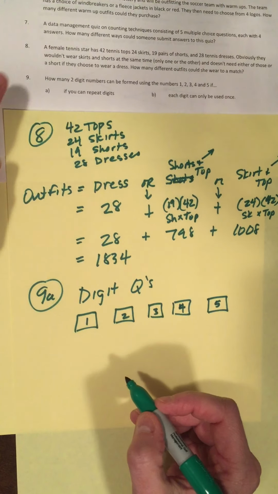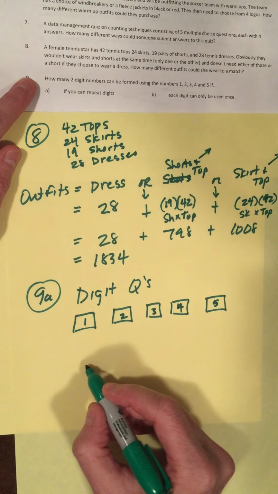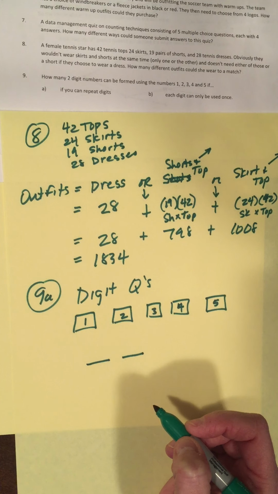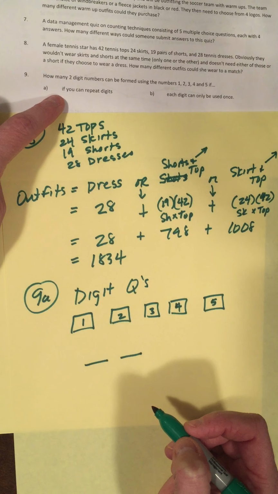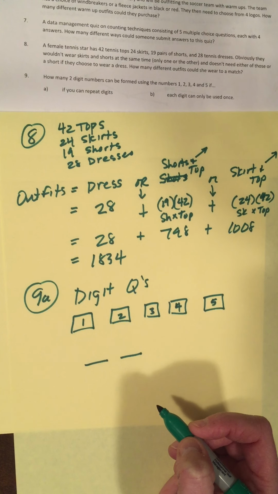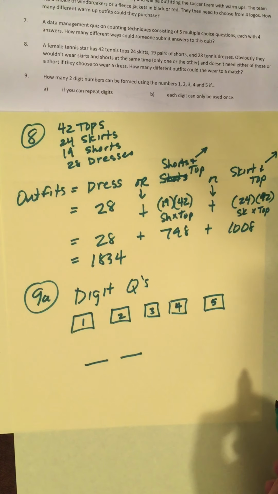So in part A, it says how many two-digit numbers. That means that your hand is going to go in the bag and you're going to draw out 2 digits. Now, it also says if you can repeat the digits. So hold on, envision this with me. I have 5 wooden blocks, 1, 2, 3, 4, 5.